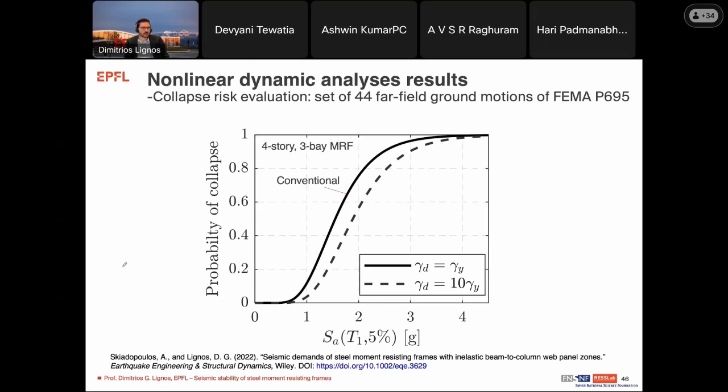So we pay attention here to a couple of damage indicators. One relates to what we call the collapse risk evaluation through the use of a collapse fragility curve.